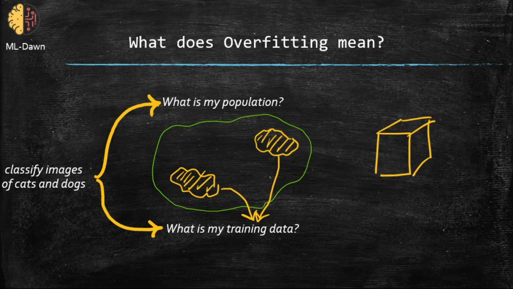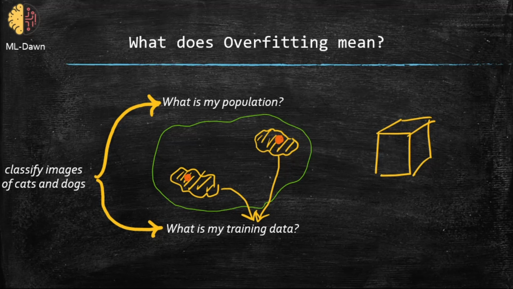Now, my question is, if for testing I ask my machine about a new image of a cat or a dog, will it be able to correctly classify that? Obviously, if that image falls somewhere around here or here, in the subsets that my algorithm has been trained with, then the machine will know how to classify it, and it will classify it correctly.